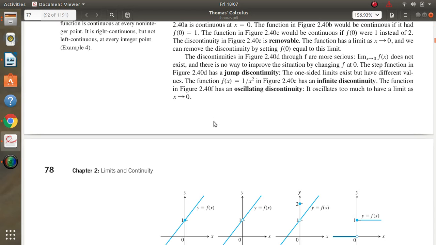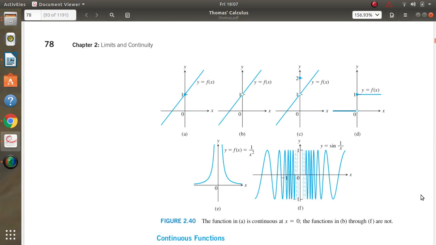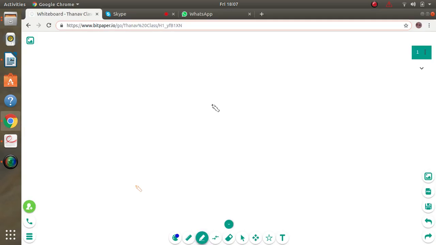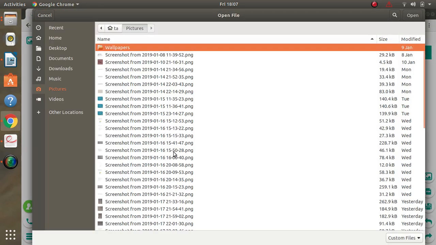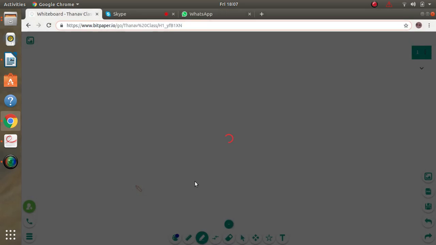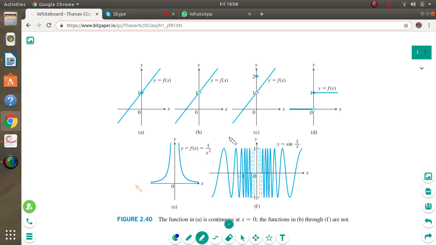Next we have some more discontinuities here: jump, infinite, and oscillating discontinuity. Let's discuss them once. It is continuous here, right?